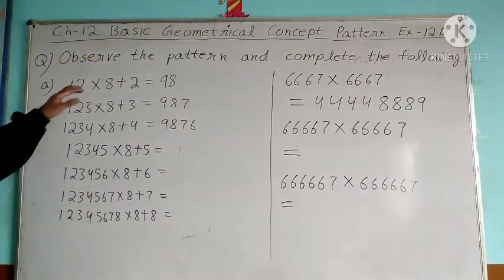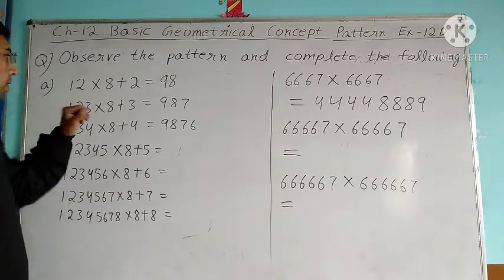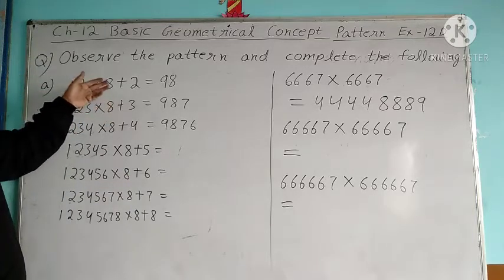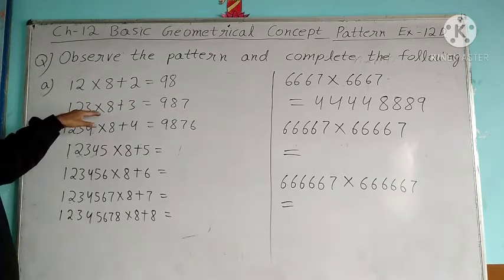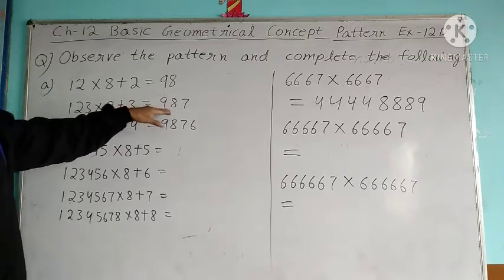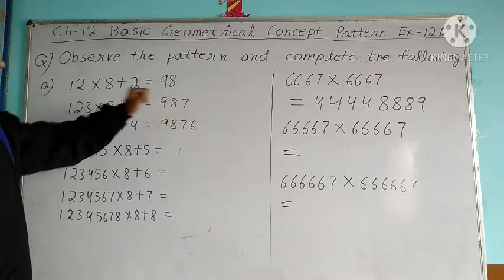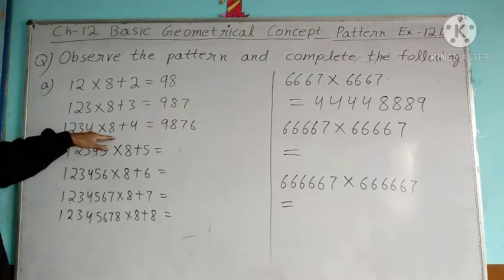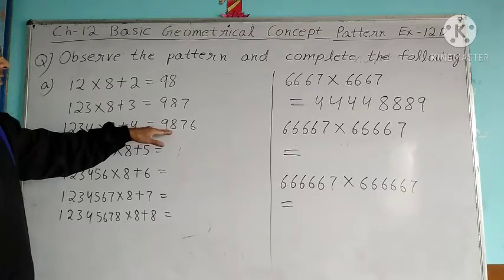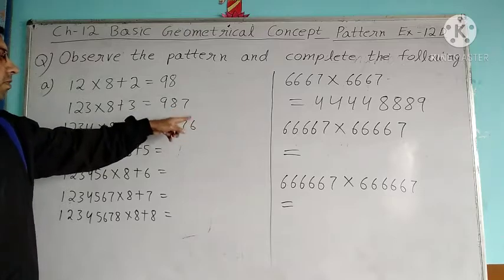Next question. Observe the pattern and complete the following. We have to observe the pattern. 12 multiply 8 is 96. 96 plus 2 is 98. Now 123 multiply 8 plus 3 is 987. See students, 8 less than 8 is 7 here. Now 1234 multiply 8 plus 4 is 9876. 7 less than 1 is 6.